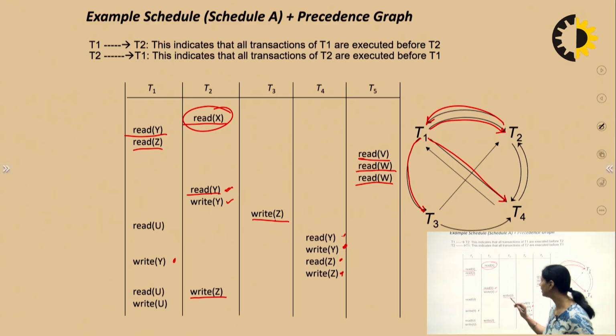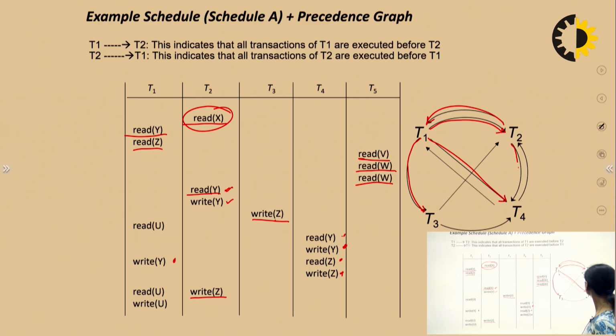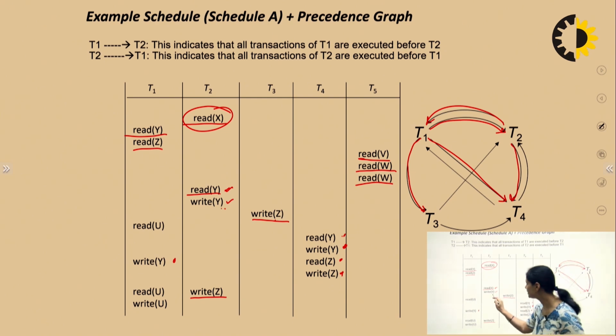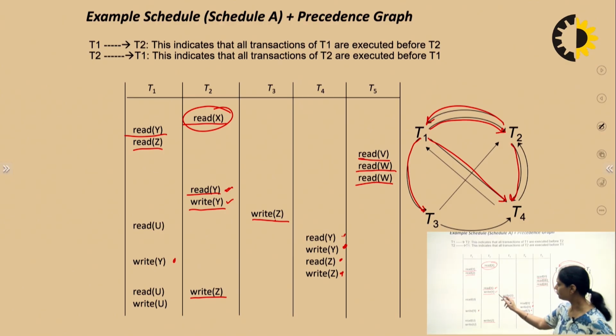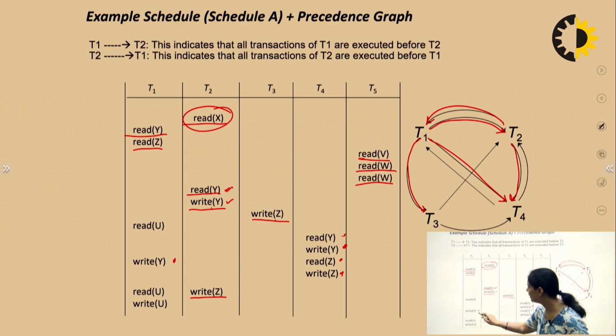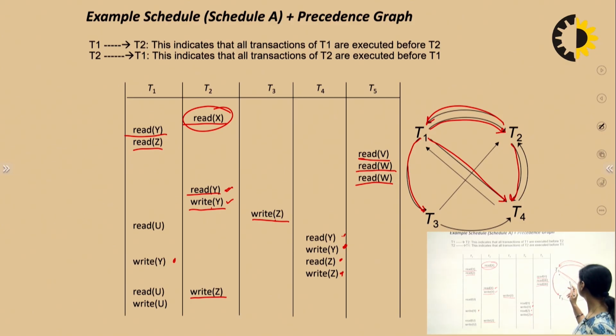So we'll have one edge moving from T2 to T4. No operation on T4. Next we'll check with write Y. Again a conflict from write Y to write Y, but we already have an edge from T2 to T1, so we'll skip. No conflict with T3, but write will have a conflict over here, but we already have an edge, so we'll not make any other edge.